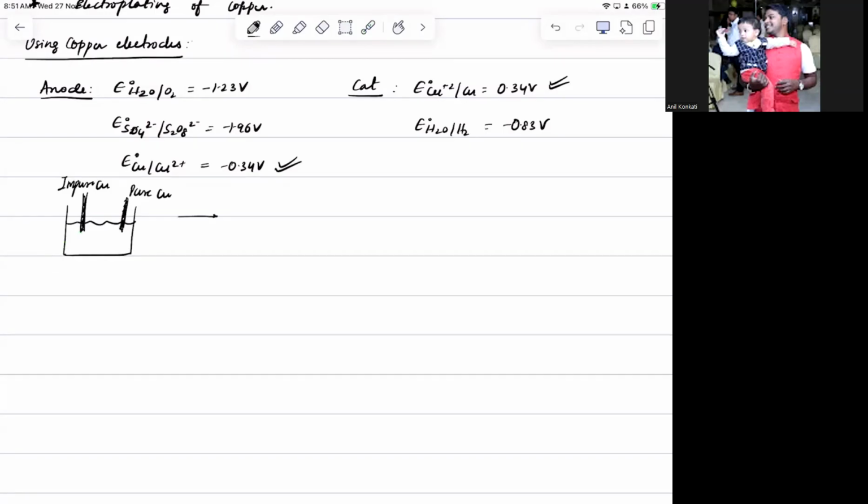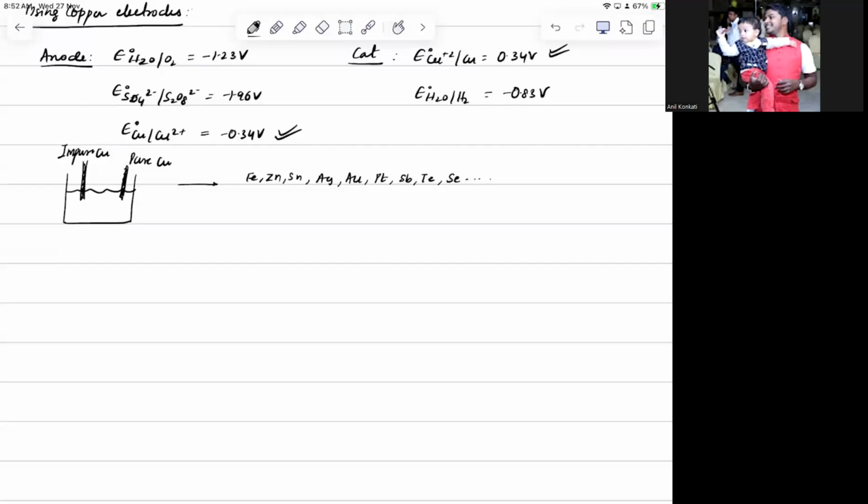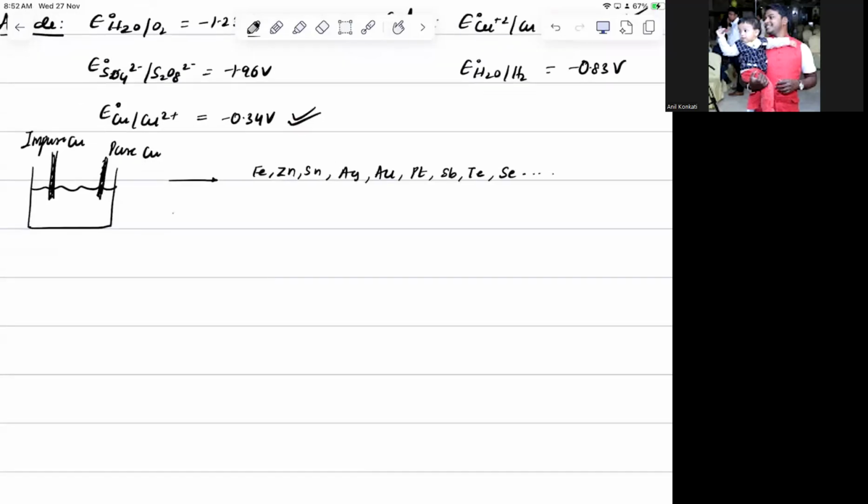Along with impure copper, we might have various metals. We might have iron, zinc, tin, silver, maybe gold, some platinum. We have some antimony, we have tellurium, we have selenium. A lot of metals will be present along. Correct? Now, what you would notice is that if you compare elements like iron, suppose E naught of Fe to Fe2 plus, correct?